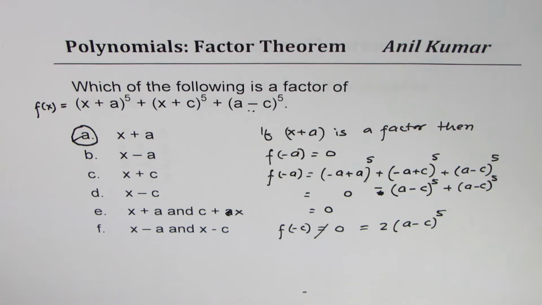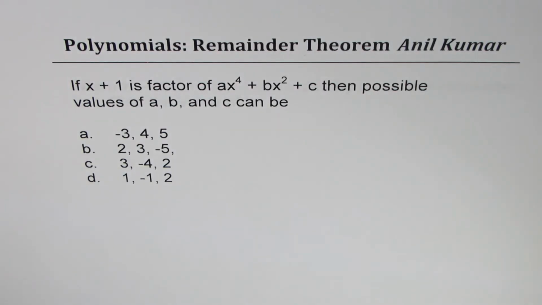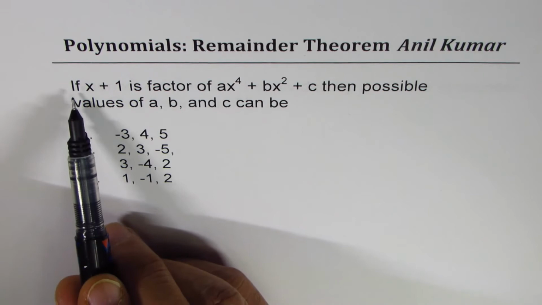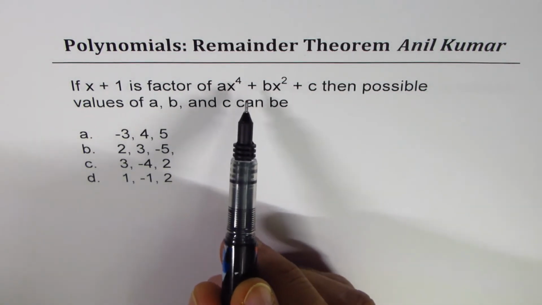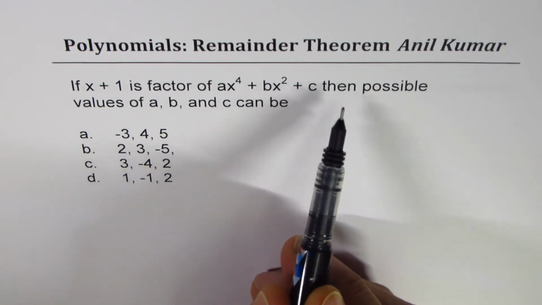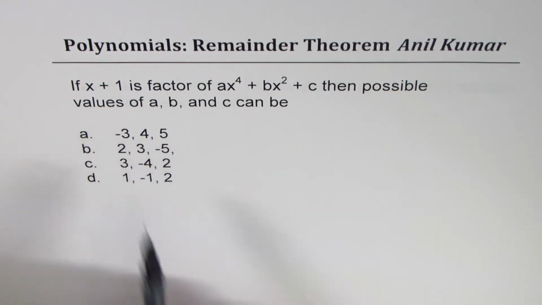These are very popular from a test point of view, especially for students who are doing pre-calculus. The second question here is, if x plus 1 is a factor of ax to the power of 4 plus bx squared plus c, then possible values of a, b, and c can be one of these combinations.